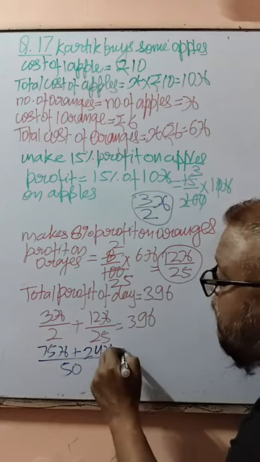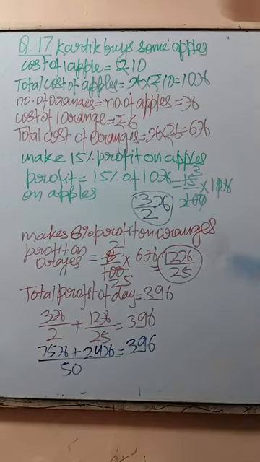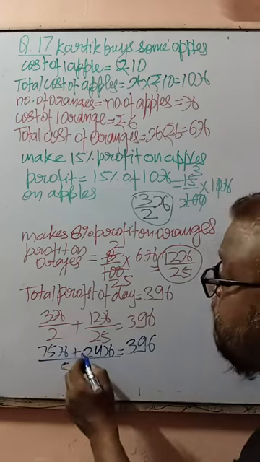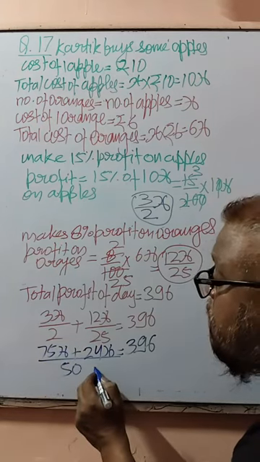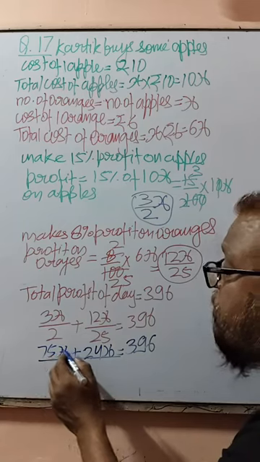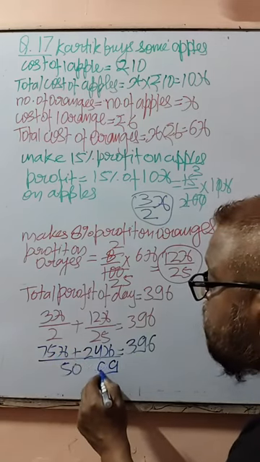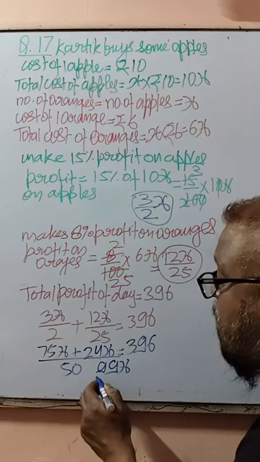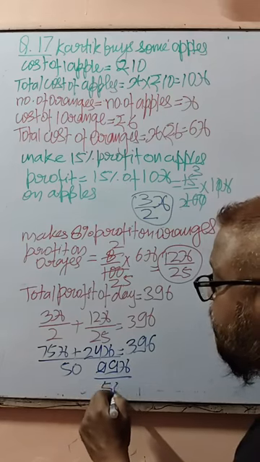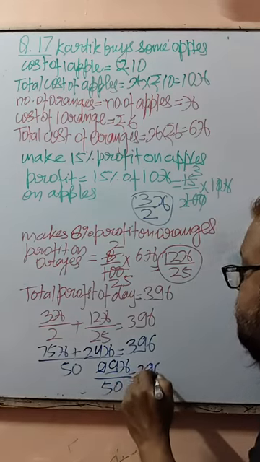So 24x is equal to 396. So this is how much? 5 plus 4 becomes 9, and 7 plus 2 becomes 9x upon 50 is equal to 396.